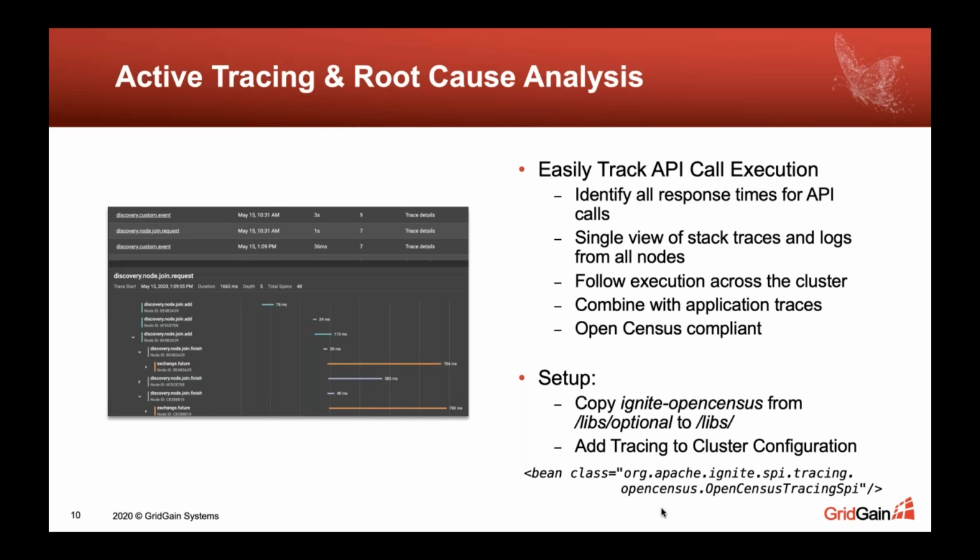This is pulling information across multiple nodes in your cluster. So it's a very different way of debugging compared to how you might have done it traditionally with Ignite. If you've had to debug issues in the past, you would have to pull logs or thread dumps from multiple nodes in your cluster, look at timestamps or labels, and then match them up to try and understand when execution is in one node and when it jumped to the other node.